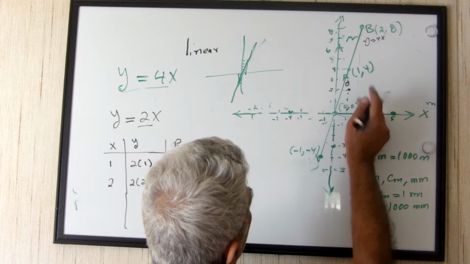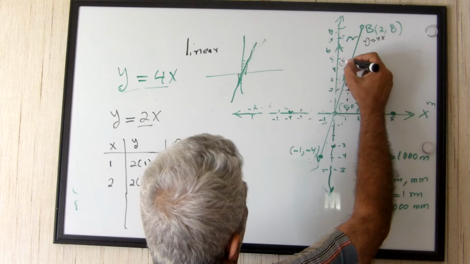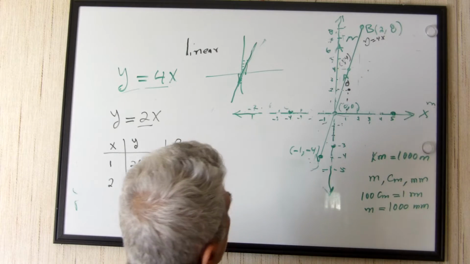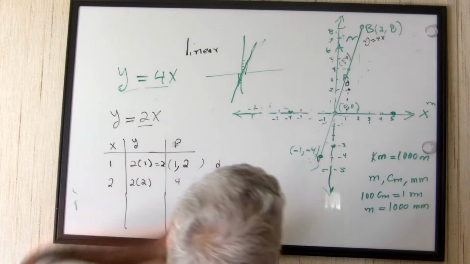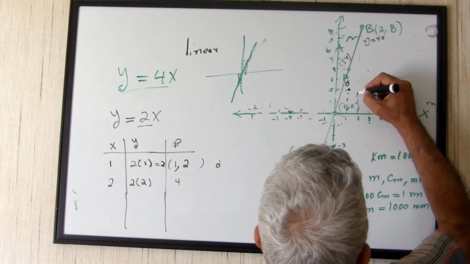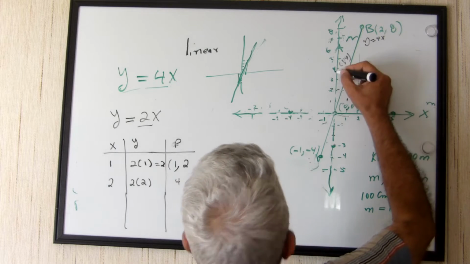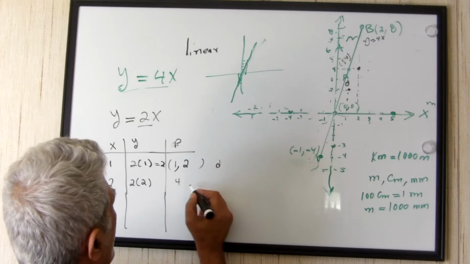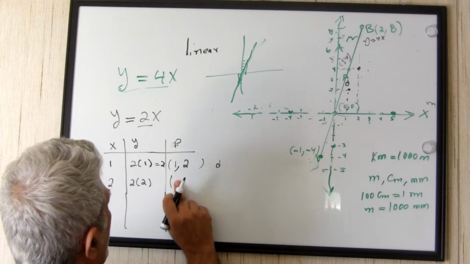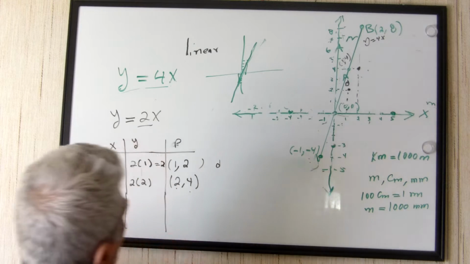Okay, we have 2, 4. Okay, 2, 4 means x is 2, y is 4.